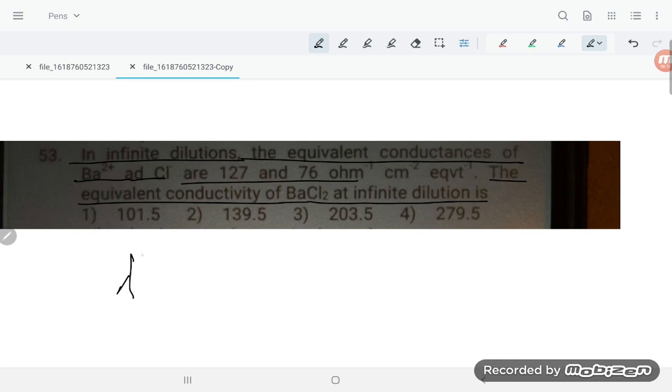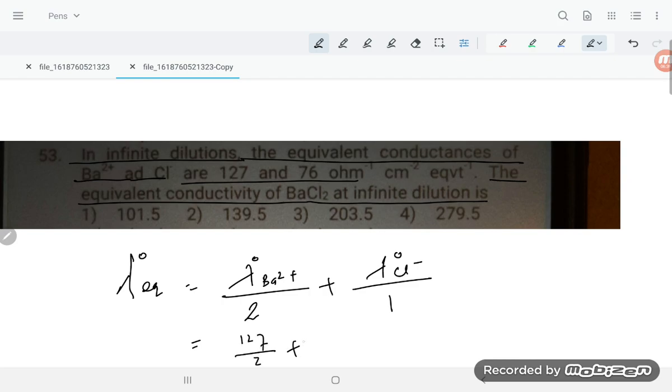So lambda EQ, how to calculate? Lambda of Ba2+ at infinite dilution upon 2 plus lambda equivalent conductivity of Cl- upon 1. So barium 2+ is 127 upon 2 plus 76 upon 1.